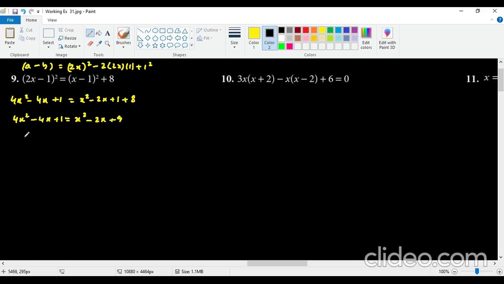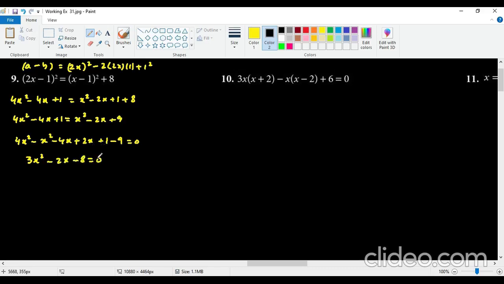So solving this, 4x square minus x square minus 4x and plus 2x. 2x will come to this side, and it's going to become plus 1 minus 8 minus 9 equals 0. Simplifying further, it's going to give us 3x square minus 2x minus 8 equals 0.